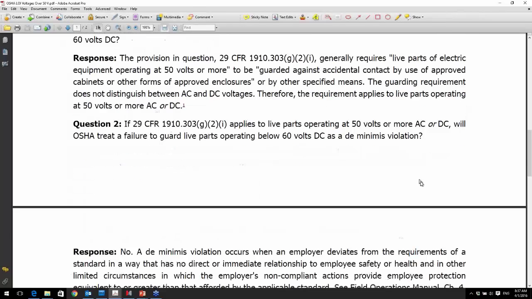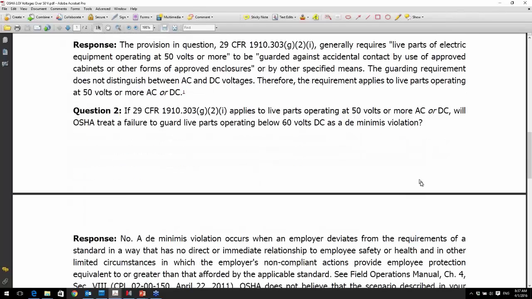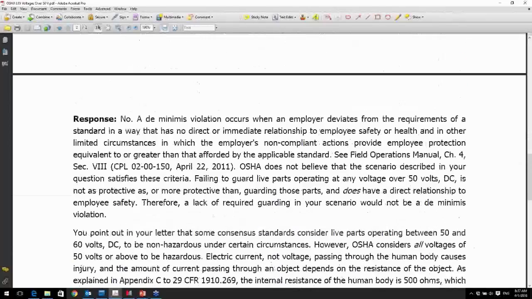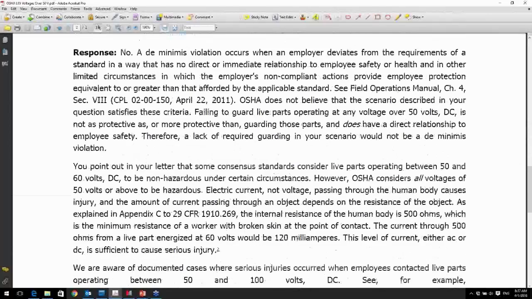And the second question: if 1910.303 applies to live parts operating at 50 volts or more AC or DC, will OSHA treat a failure to guard live parts operating below 60 volts DC as a de minimis violation? Now, de minimis violation is an interesting thing, because what they're saying is you actually have a technical violation of an OSHA regulation, but OSHA does not feel that it puts people at risk.